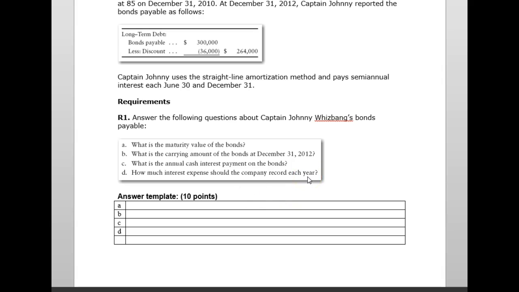And then you can calculate the annual interest expense for the item. So you would probably have 36,000 divided by 8 plus the original interest payment, and that would be your interest expense. Now there's a difference between interest payment and interest expense, and that's what this is kind of showing you.